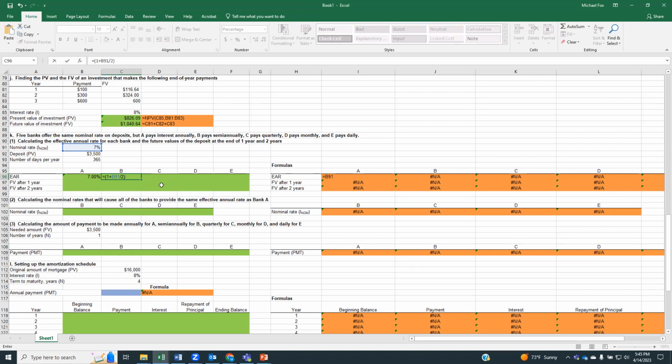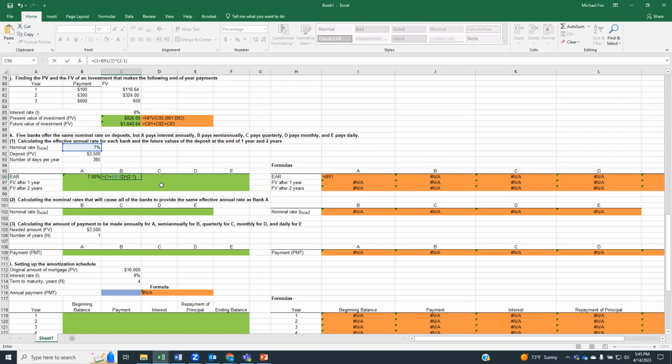And then raised to the power of, so in Excel, we use this little up caret, which is a Shift 6, okay? Raised to the power of the number of periods, minus 1. So remember our number of periods in a year, 2 semi-annual periods, so number of periods minus 1.